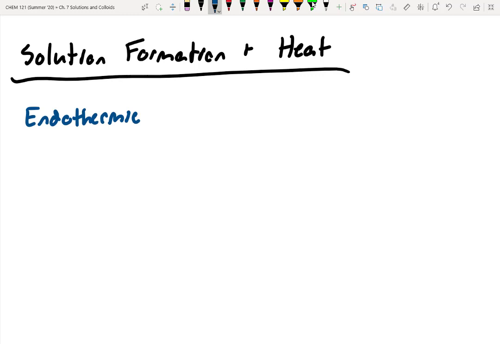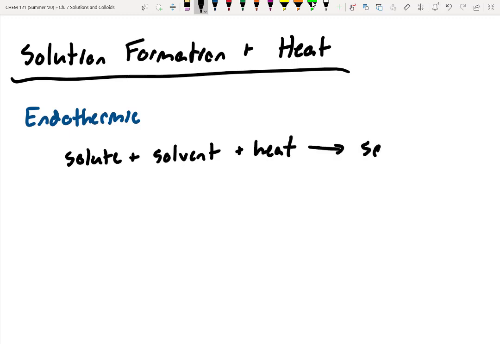Okay, what this means is that we're going to have a solute plus solvent, but because it's endothermic, we need to put heat in. And then we'll get our solution out. So what this means is that heat is absorbed.